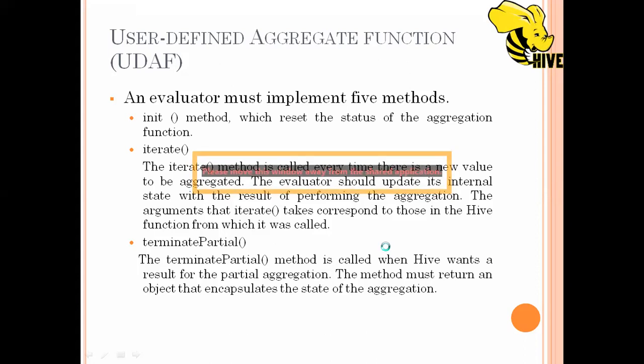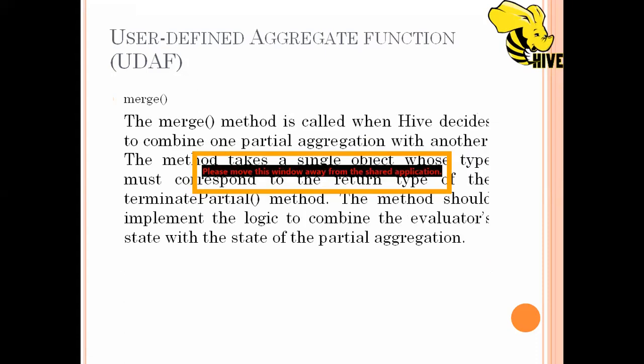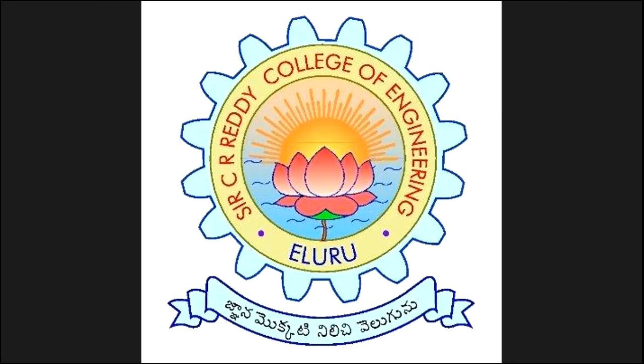Next, another one is the merge function. The merge method is called when Hive decides to combine one partial aggregation with another one.